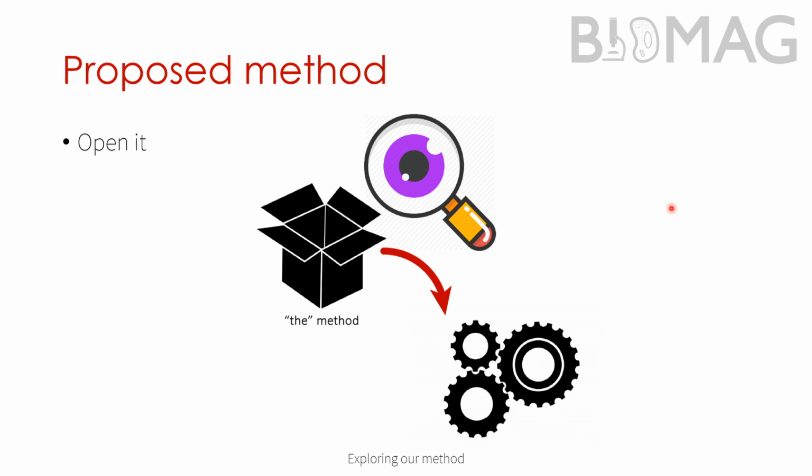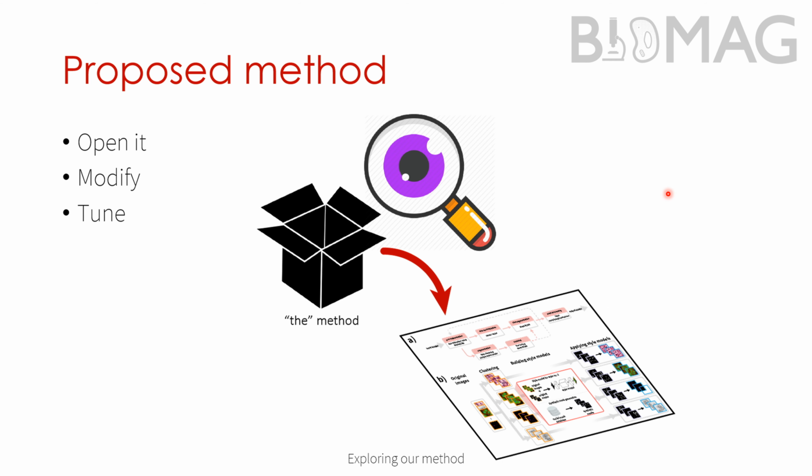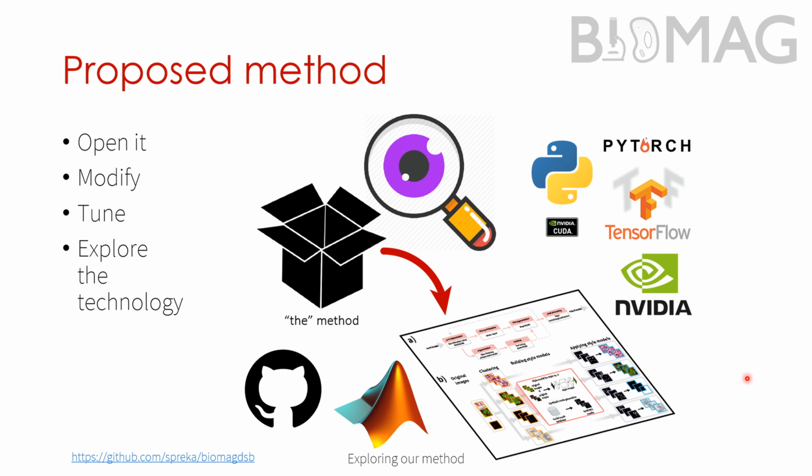Of course, more experienced users or developers can look into it, see how it works, which is the pipeline I just described, modify it to better fit their experiments and their needs, see what kind of technology we use there, and most importantly, check out the GitHub page of the project and share your comments or remarks with us, also issues if you have them. They're all very welcome.